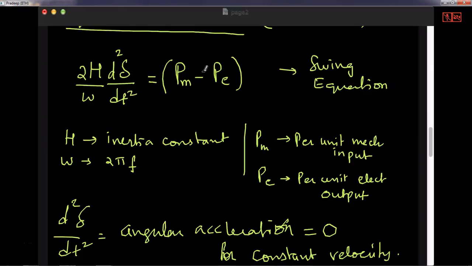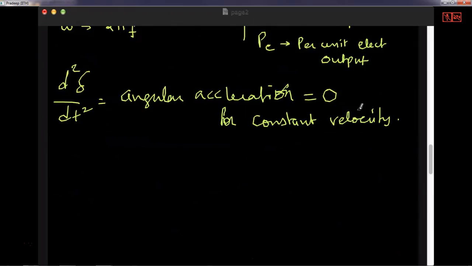Okay, so now from this, I want to find out what is delta. So this is a differential equation, I want to solve it. So we use one small mathematical trick to solve it. I have 2H by omega d square delta by dt square equal to Pm minus Pe.